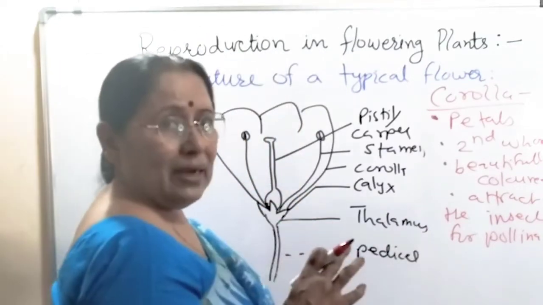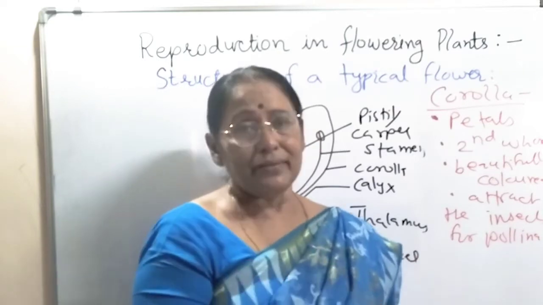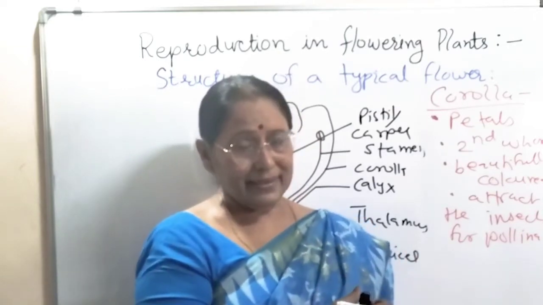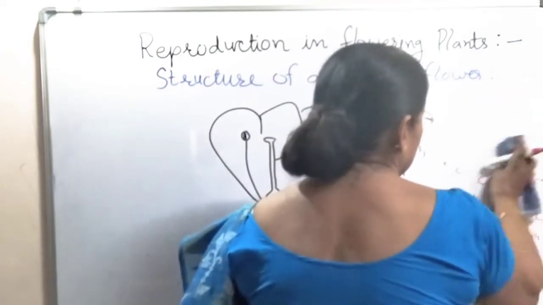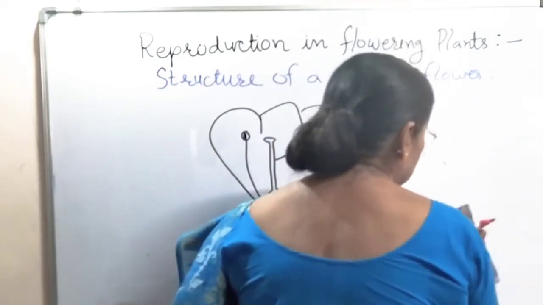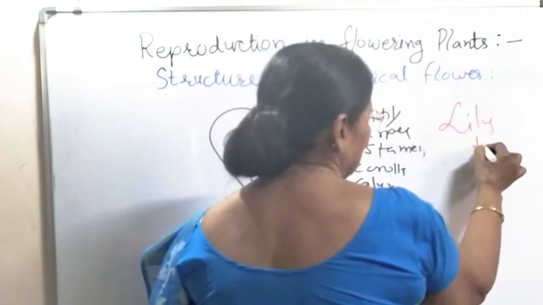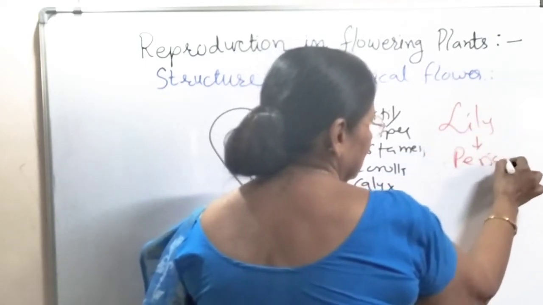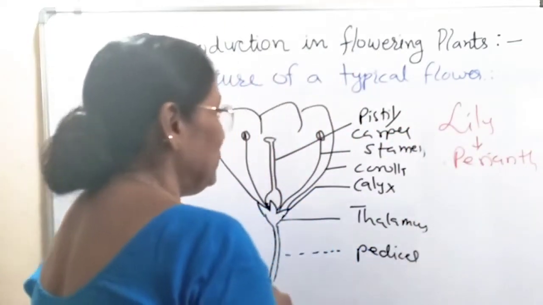This is about corolla. And in some plants, calyx or corolla separate words cannot be present. Then it is called perianth. Example, can you recall? The example is lily. In case of lily, perianth is present. It does not have separate calyx and corolla.